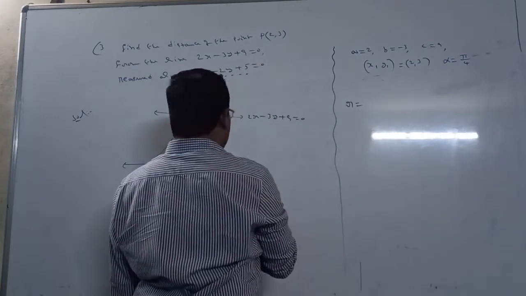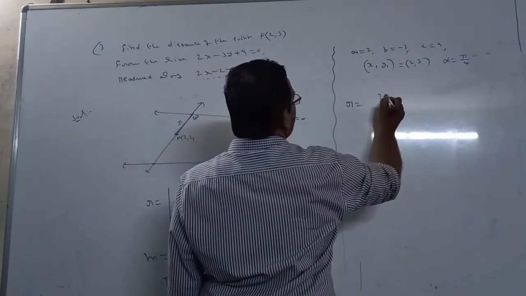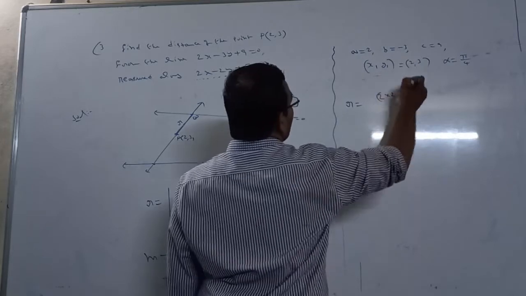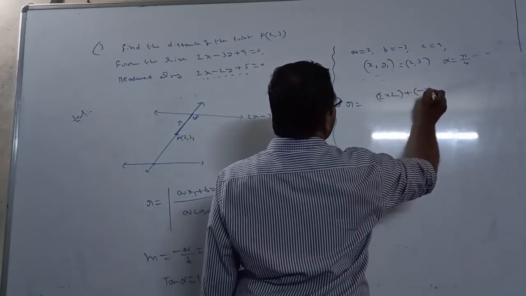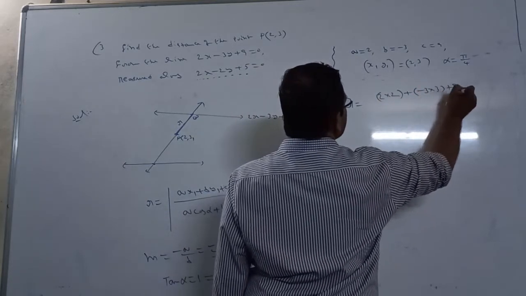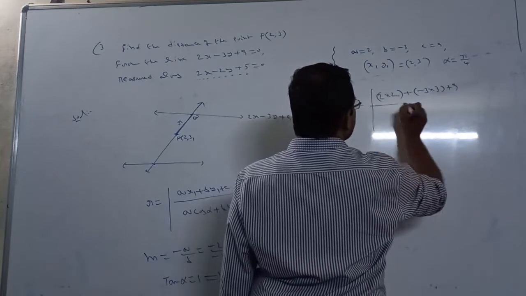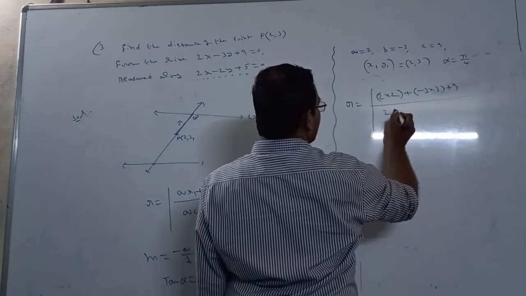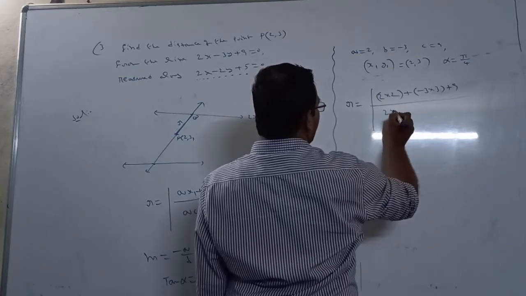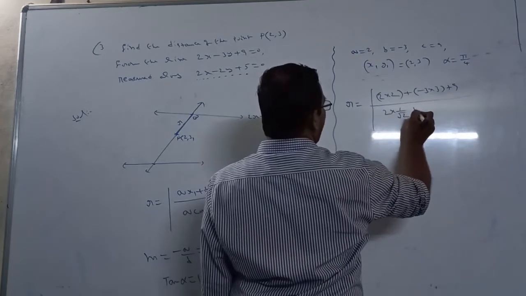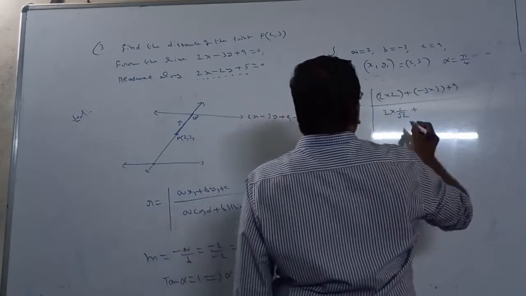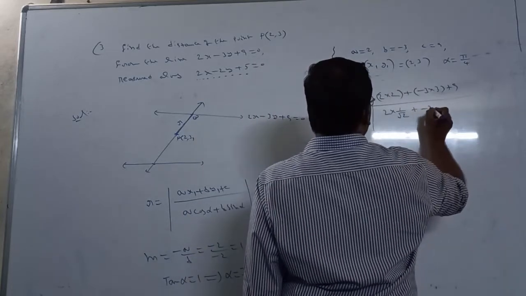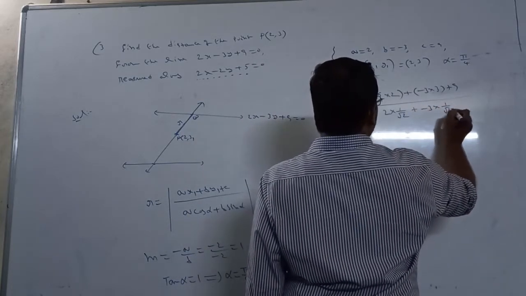Now apply the formula. a x1 is 2 into 2 plus b y1 is minus 3 into 3 plus 9, modulus, by a cos alpha, that is 2 into cos pi by 4. Cos pi by 4 means 1 by root 2, plus b sin alpha, b is minus 3 into sin pi by 4.